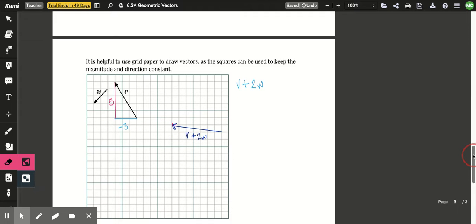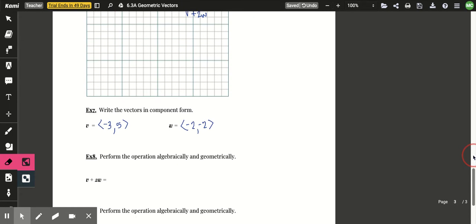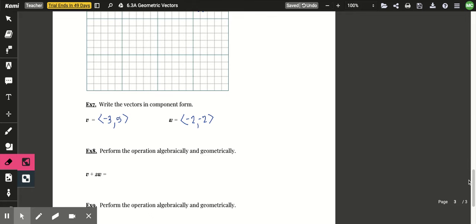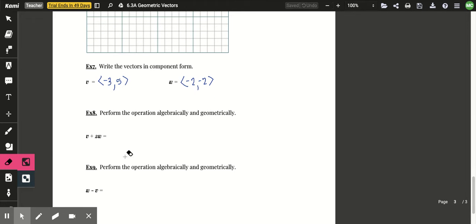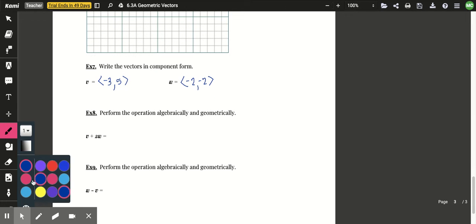But now they want me to do it algebraically. So let's talk about that. Now, truthfully, this one is kind of intuitive with the things that you know so far in your math life.